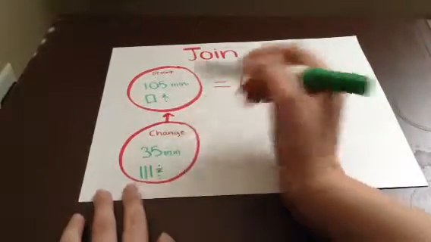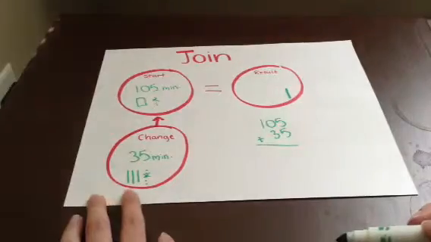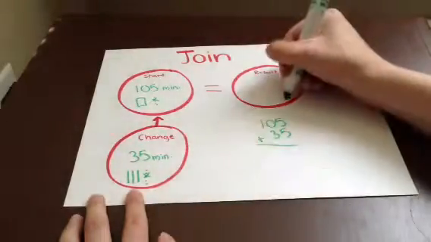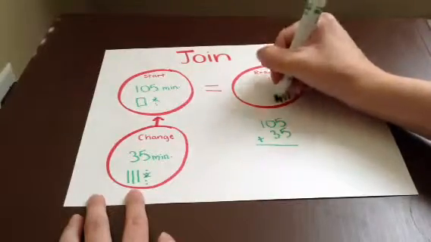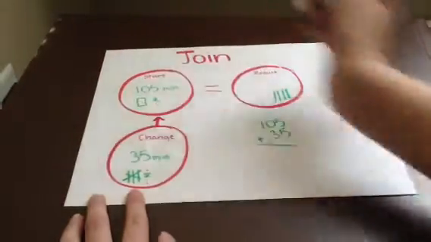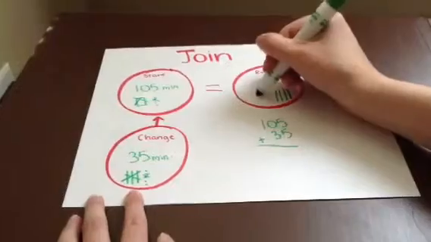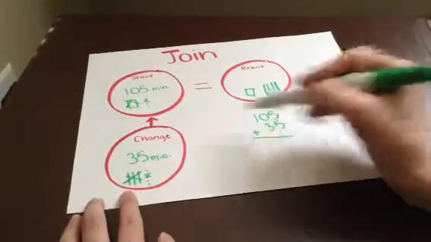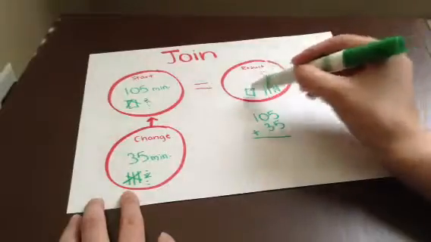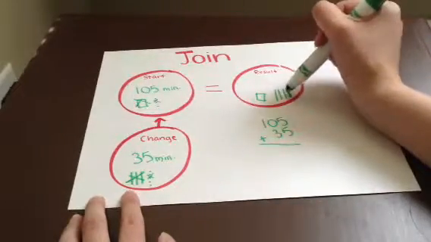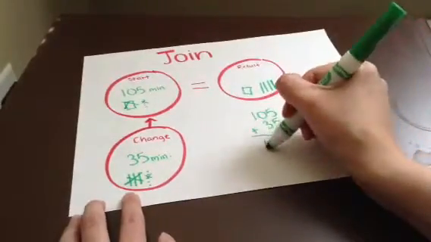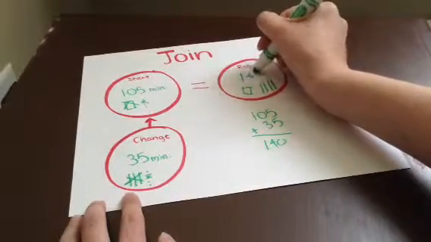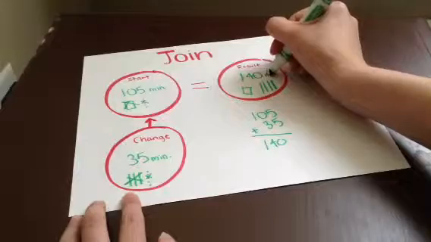I don't have enough tens rods to make another hundreds flat, so I can go ahead and add that 10, 20, 30 to my result, and I'm left with a hundreds flat. So I know that 105 plus 35 is 100, 10, 20, 30, 40, 140. And we always label.